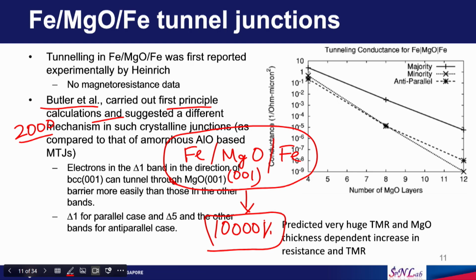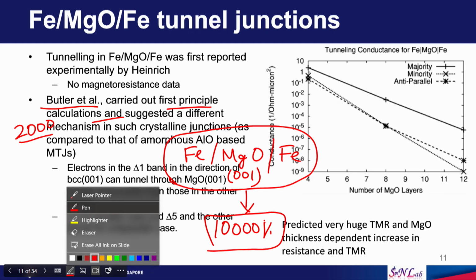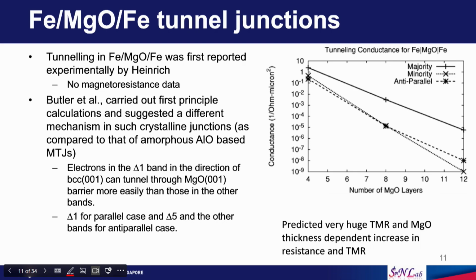So, in this case, Professor Butler carried out first principle simulations. I do not know, some of you may be doing density functional theory, those kinds of things. He uses that kind of theory, and he says that electrons in a certain band, particularly this delta 1 band, can tunnel through the magnesium oxide barrier more easily than the electrons in the other bands.